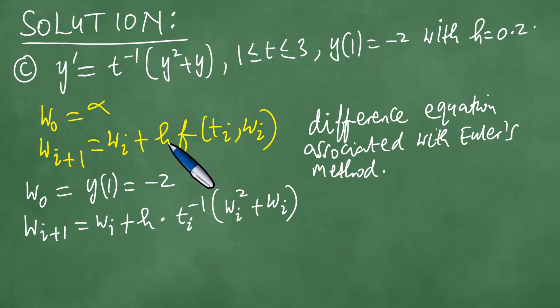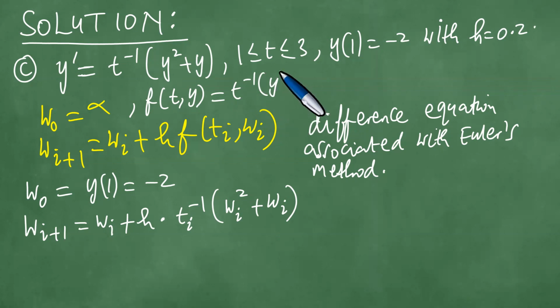Right, so we have H times the F. Because in this question, we know that F of T, you can call it T, Y, is T to the minus 1, Y squared plus this. So yeah, we have that, which means we can get the rest.